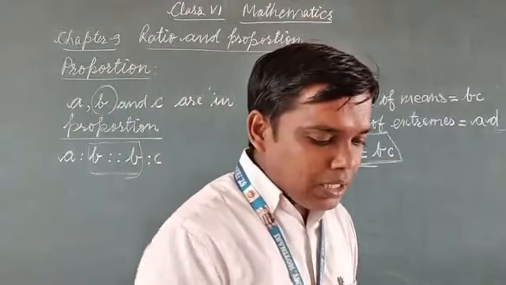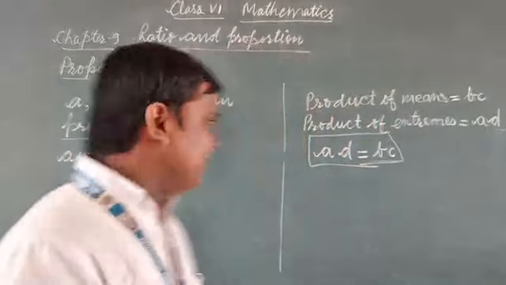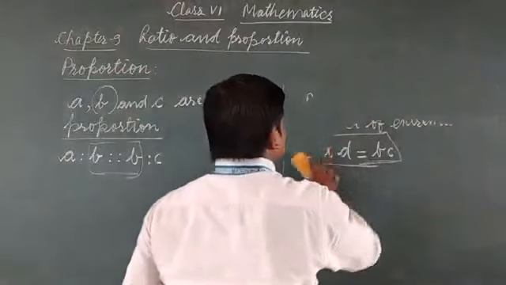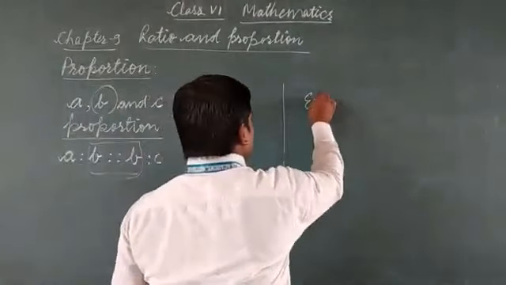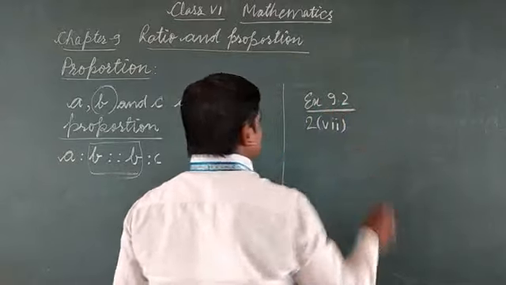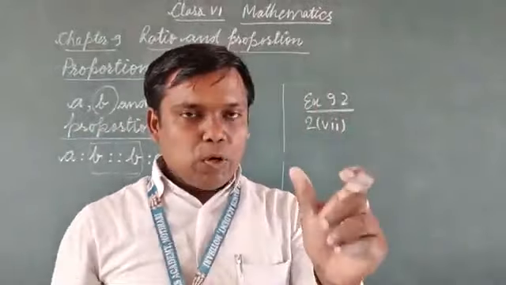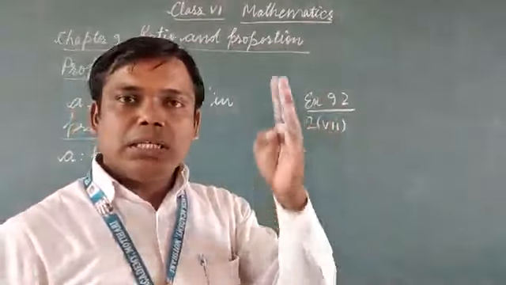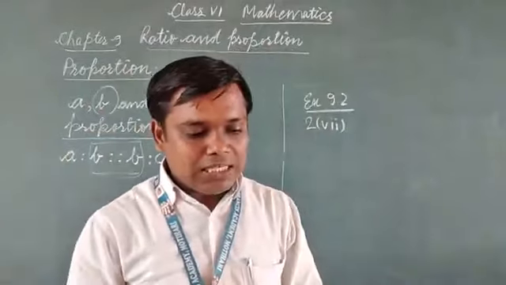I am telling you question number 2 of exercise 9.2, question 7. You have to tell whether the following sets of numbers are in proportion or not. If you have 4 numbers, you can write them in proportion and tell easily by multiplying their extremes and means.